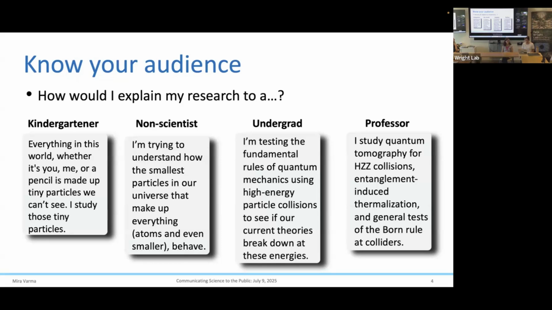And if I were to explain my work to a professor in my specific subfield, I would probably say something along the lines of, I study quantum tomography for HCZ collisions, entanglement-induced thermalization, and general test of Born's rule. So, as you can see, the difficulty and the language builds up as the person becomes more of an expert.